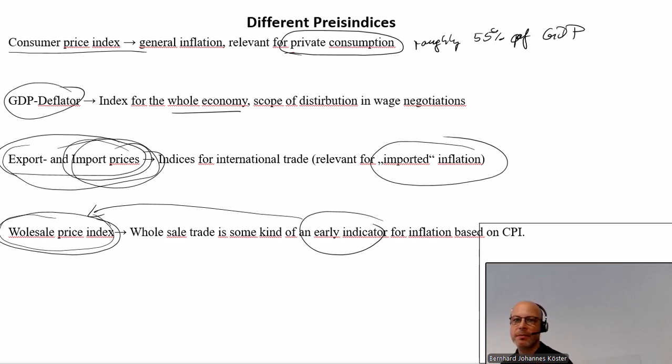This is the main part of GDP, but it is not overall GDP. So if we want to look at the price development of the whole economy, then we have to look at the so-called GDP deflator.